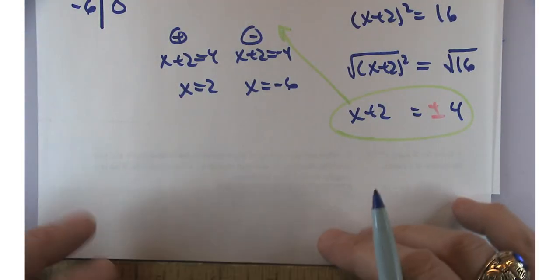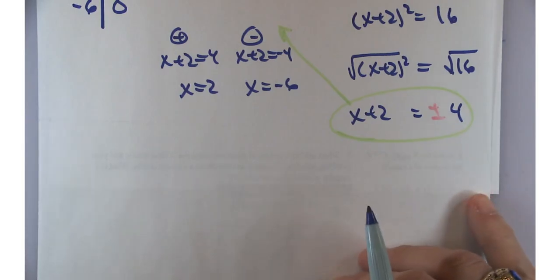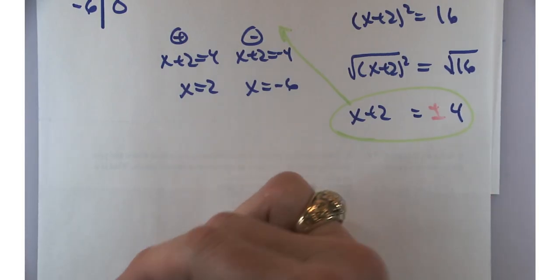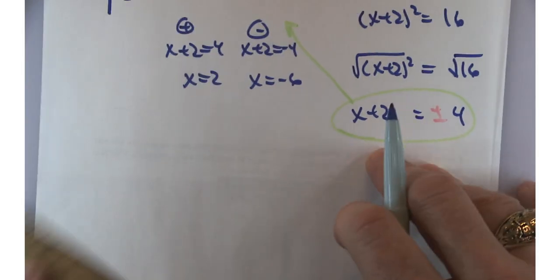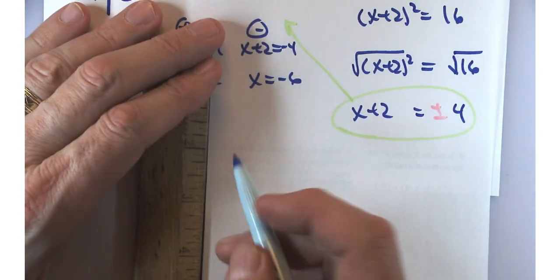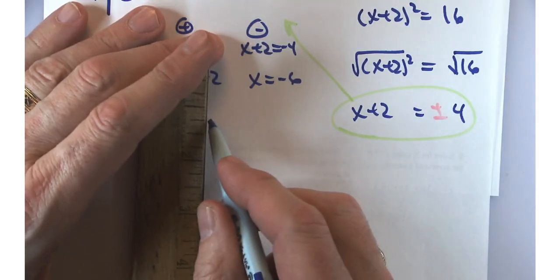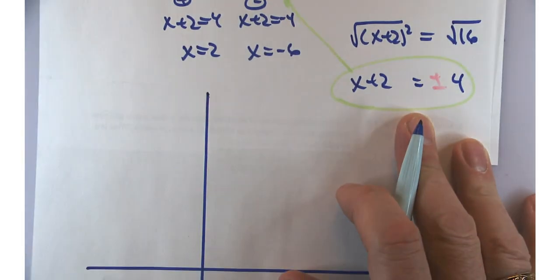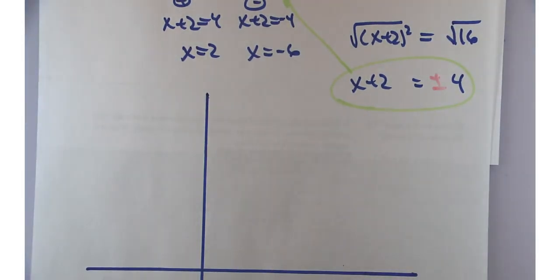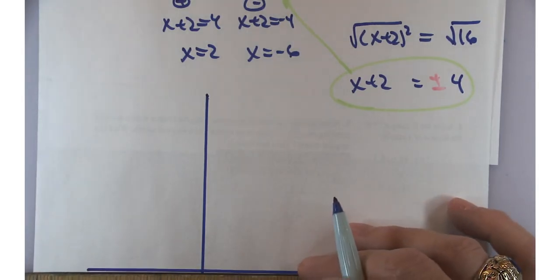Let's see. Something like, yeah, I didn't give myself enough room.